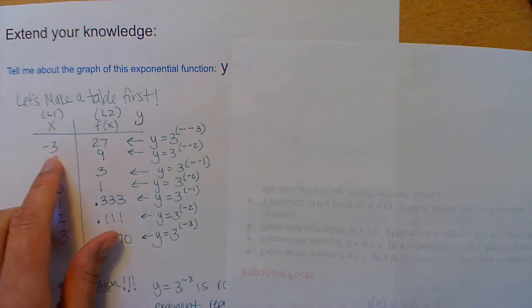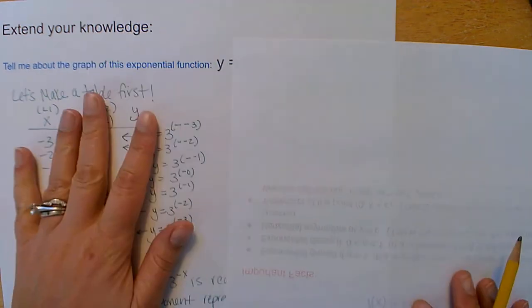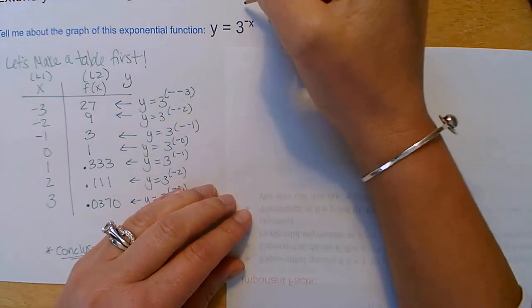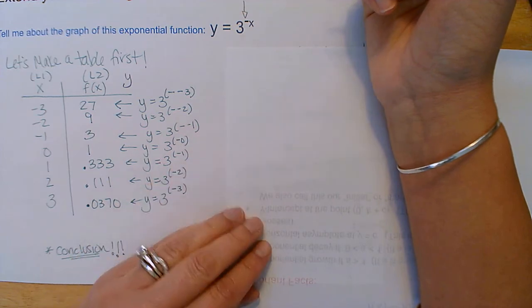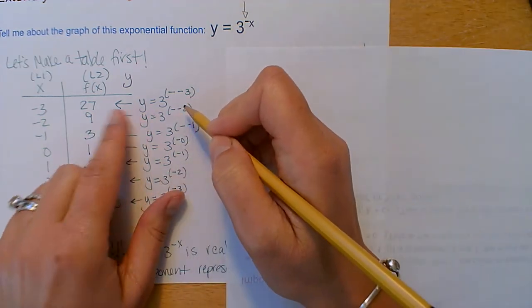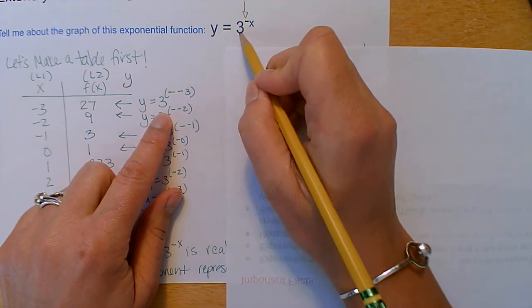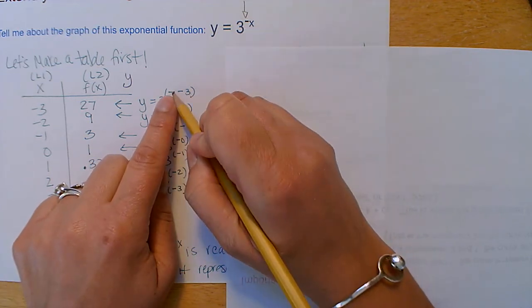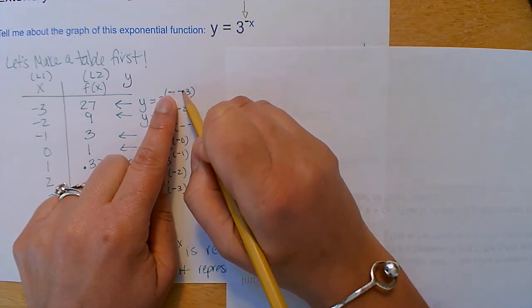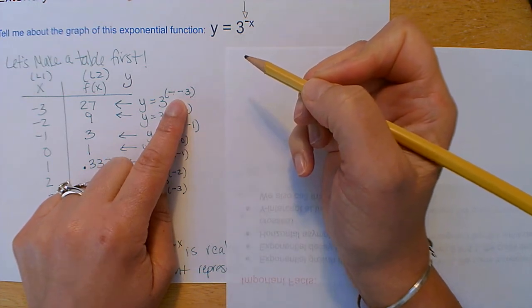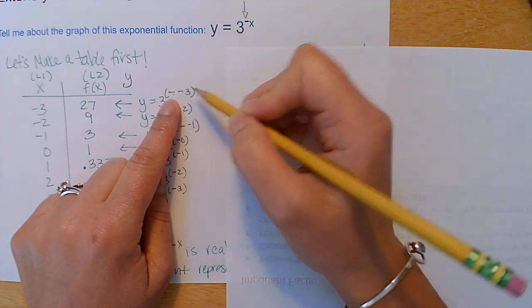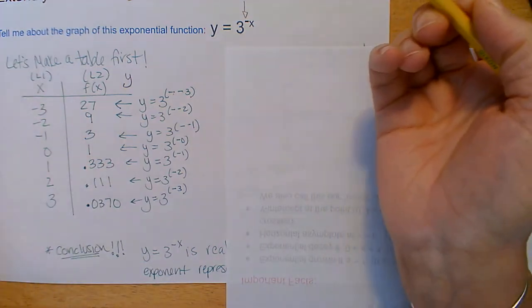And then what I'm going to do is substitute the numbers in. But we need to be careful because we have a negative x. So I showed you how to do all of these. We have y equals 3 raised to the negative. However, we're putting in a -3. So if you understand the concept of a -3 is a real +3, that's fine.